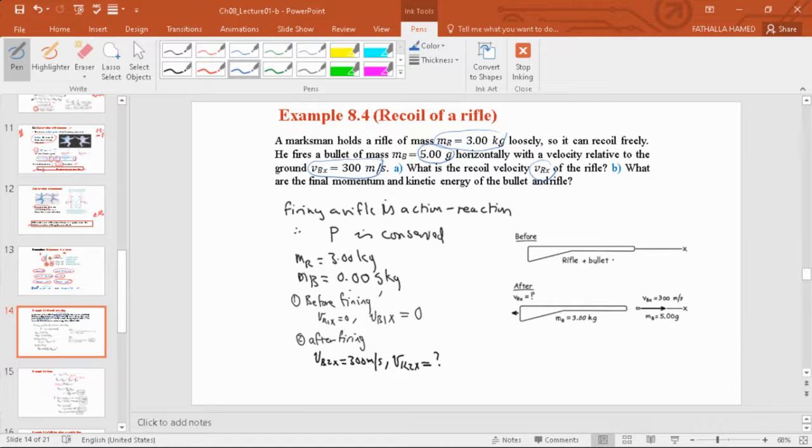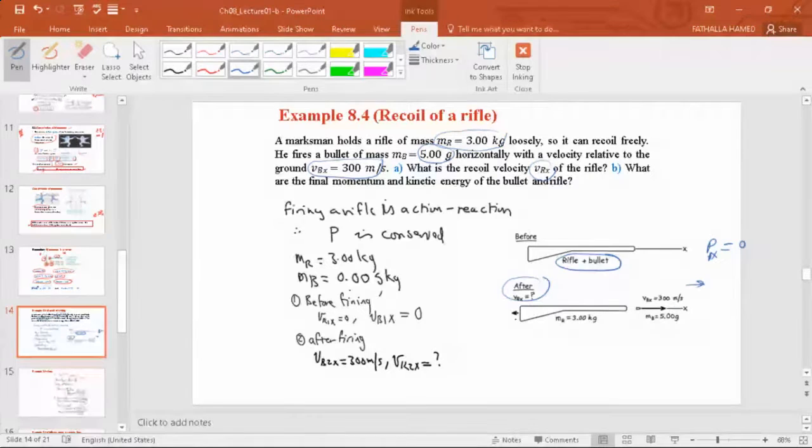So the bullet is inside the rifle before firing. There is nothing moving. So V for the rifle is 0, V for the bullet is 0. So the momentum here is going to equal 0. Now, after you fire, the bullet will go this way with a speed of 300 meters per second.